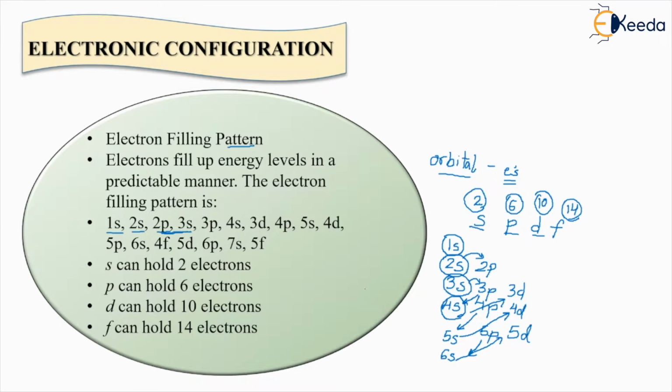It will go something like 1s2, 2s2, 2p6. Why? Because p has the maximum of 6 electrons. Then you have 3s2, 3p6. After that you go to 4s2, 3d10, 4p6, 5s2, 4d10, 5p6, 6s2, 5d10, and after that 6p6, and so on.